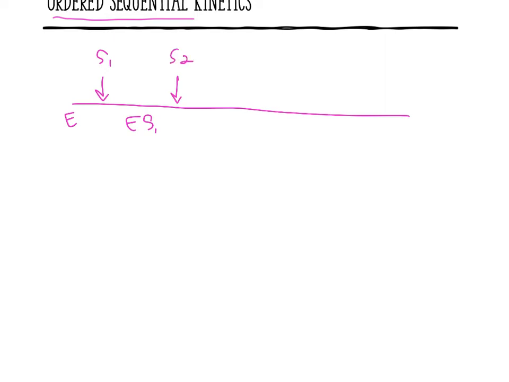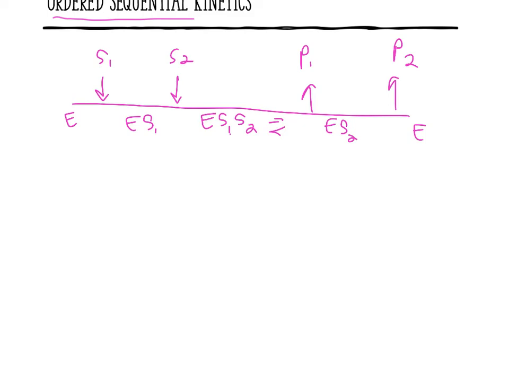Now this is different from ping pong, because there you would have gotten the first product, but instead we get the two substrates bound, and then product 1 is released and product 2 is released. And then that gets you back to E. We're going to talk about asparagine synthetase, which is S1 and which is S2.